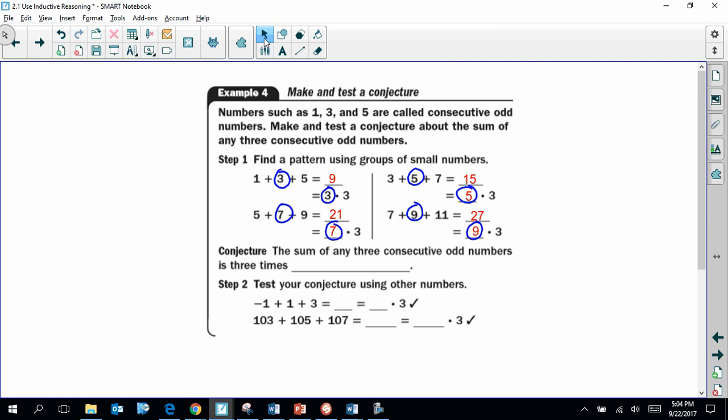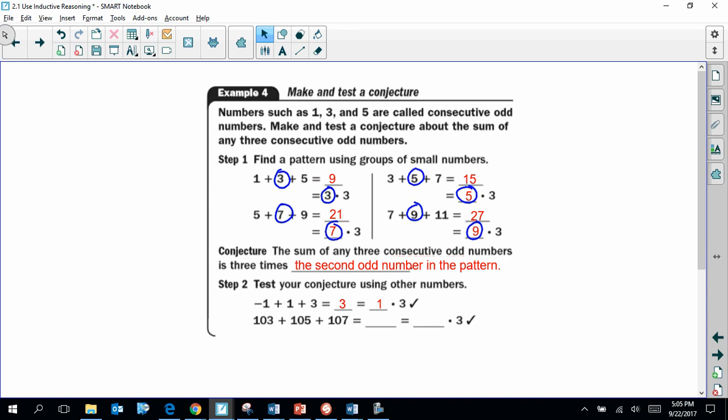And the conjecture here that I'm going to say is that the sum of any 3 consecutive odd numbers is 3 times whatever the second odd number in the pattern is. So let's test it. Well, -1 is an odd number. It's negative, but it is an odd number. -1 plus 1 plus 3, if I add those together, I get a 3.